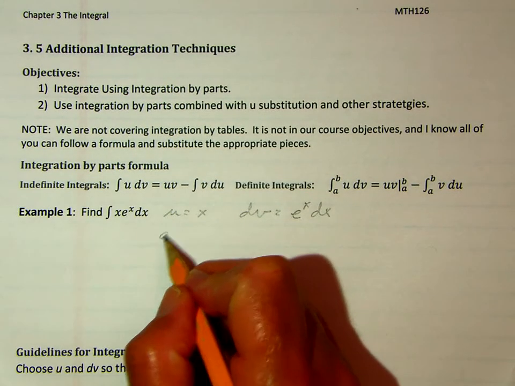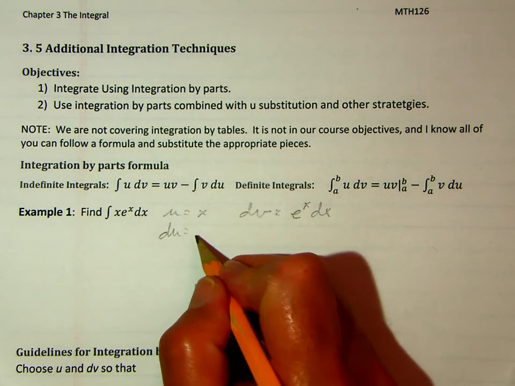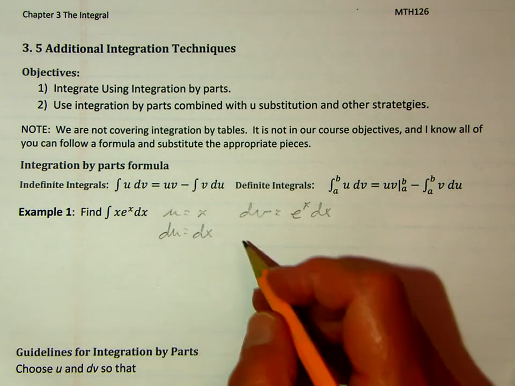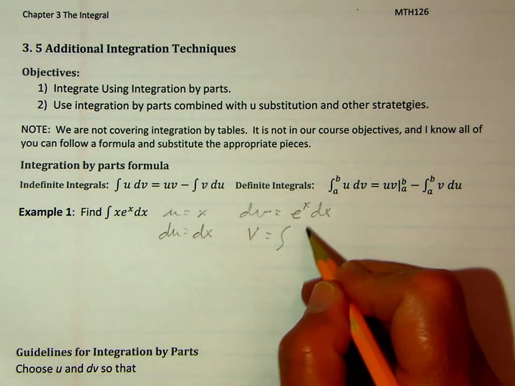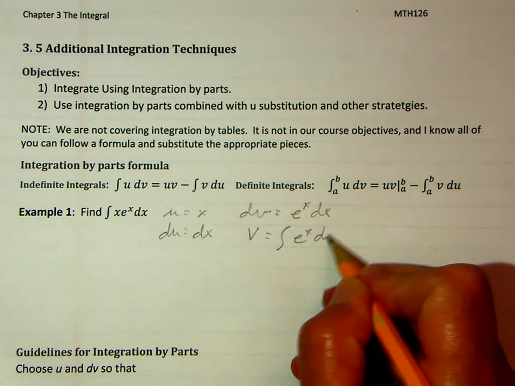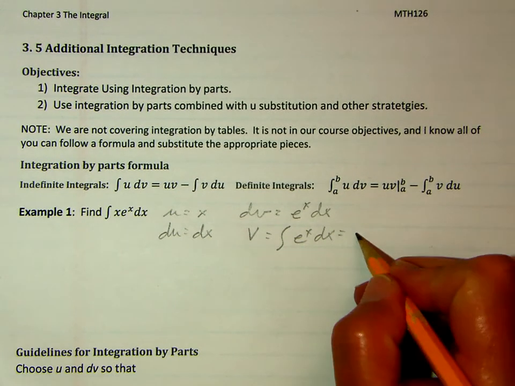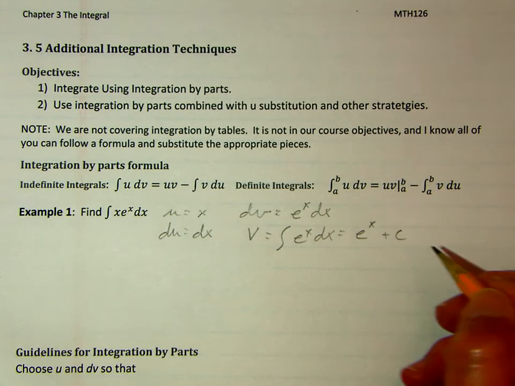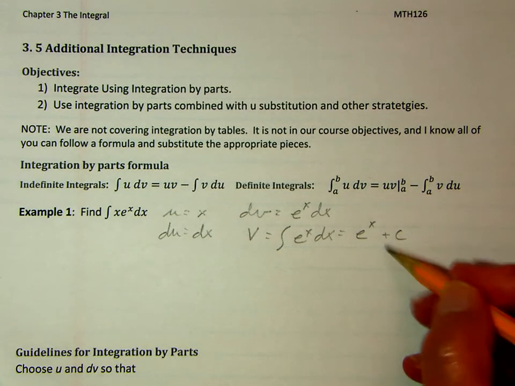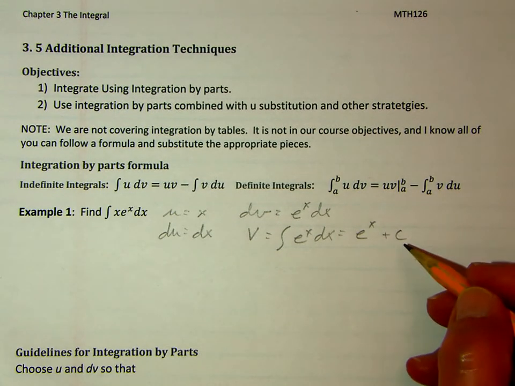So here then du would be dx and v would be the integral of e to the x dx, which is e to the x plus c. Now we're not going to throw in the c's until we need to.